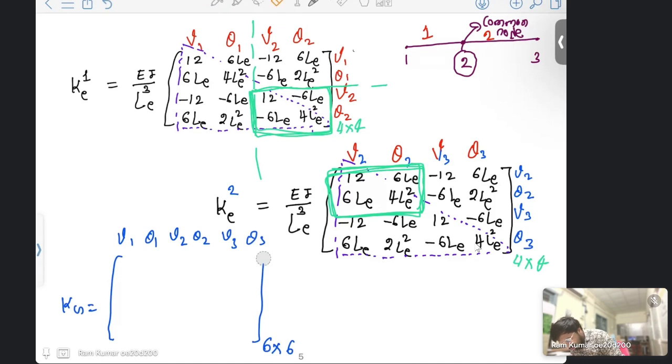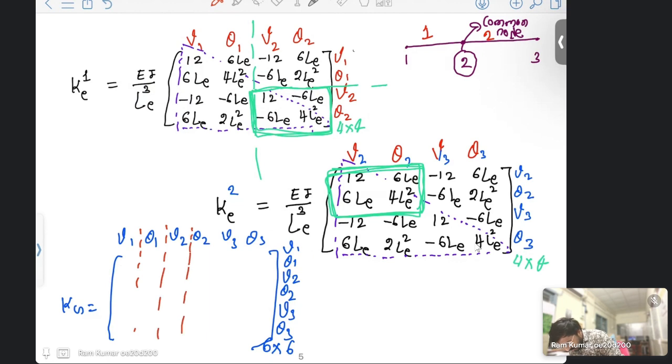Like that we have to write here. Similarly here also B1 theta 1, B2 theta 2, B3 theta 3. So we will have this much, 6 rows, then 6 columns. I will draw this one bigger, like this.